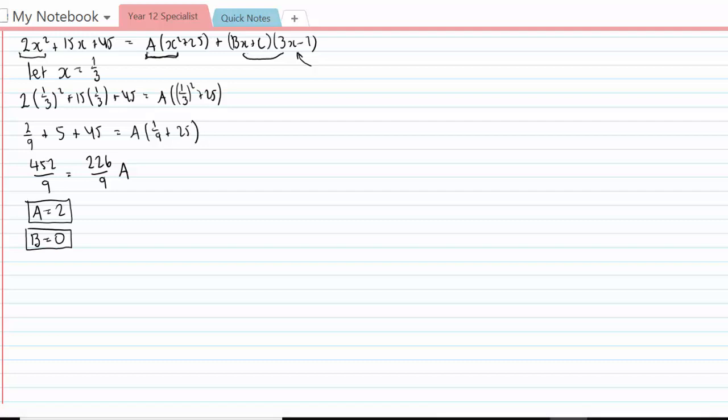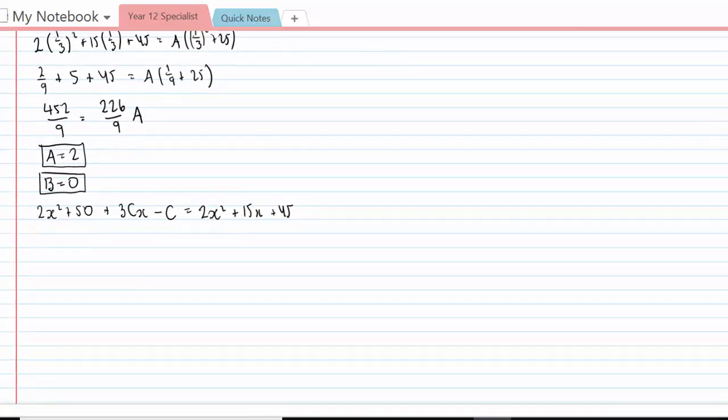So if b equals 0, then on my right hand side I've really got 2x squared plus 50, just from expanding out that first bracket there, given that we know what a is, and then plus 3cx, and then minus c, equaling 2x squared plus 15x plus 45.